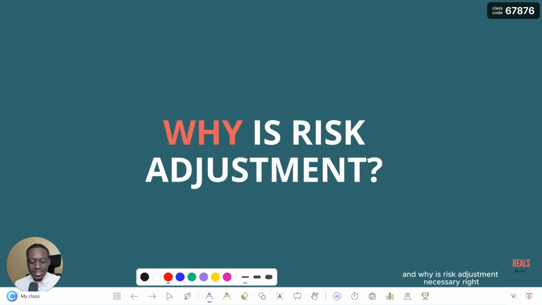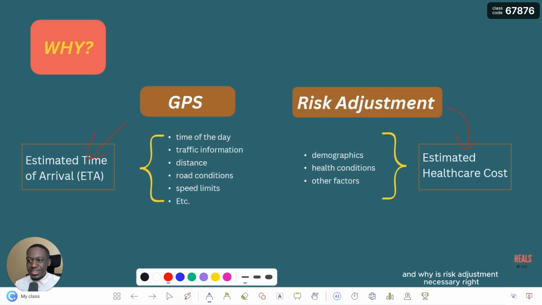And why is risk adjustment necessary, right? Just like GPS, we are looking at the estimated time of arrival, and it's using the time of the day, traffic information, distance, road conditions, speed limit, and some other factors to predict what time one is expected to arrive. In a similar vein, risk adjustment is estimating healthcare costs or healthcare resources, and it is using some demographic information, such as sex and gender, and some health conditions, and some other factors.